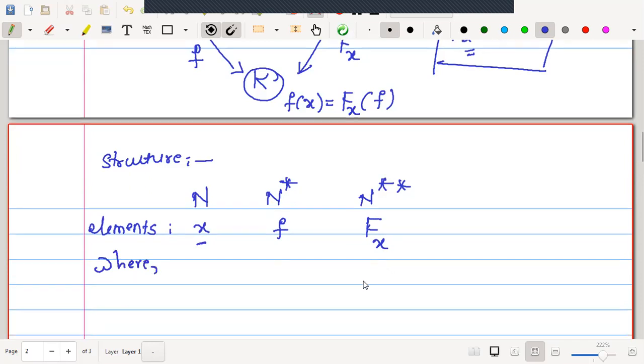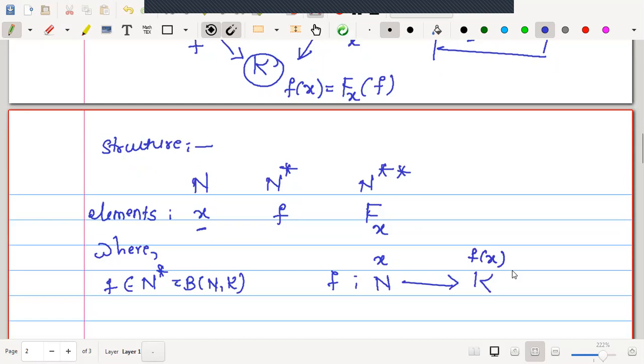Just recall what f is. f is an element of N star. N star is the set of all bounded linear transformations from N to K. Therefore, f is a mapping from N to K. The nature of the element will be, for every x in N, f of x.